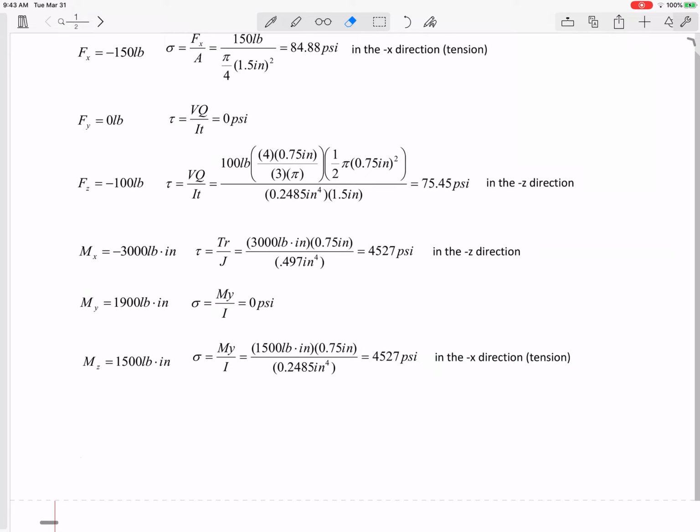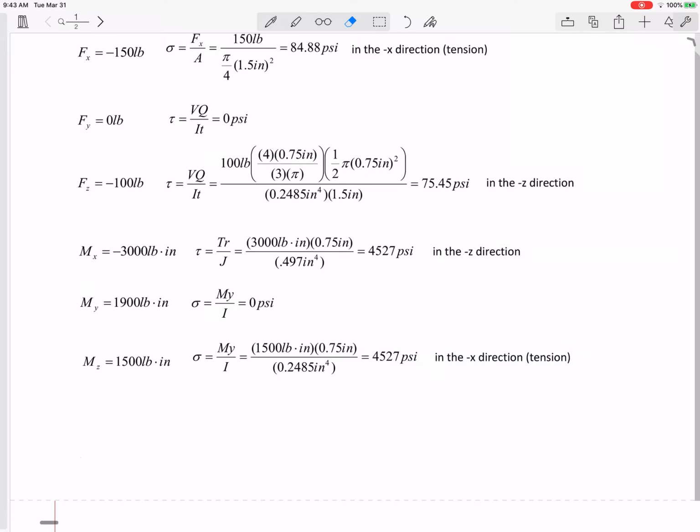All right, so now I'm ready to look at all of these stresses. Some of them are 0 just because they're 0. Some of them are 0 because of the point we're looking at. Now be careful, this is a sigma. This would be a tau. This would be a tau. This would be a tau. This is a sigma. This is a sigma. Don't try to combine taus with sigmas.